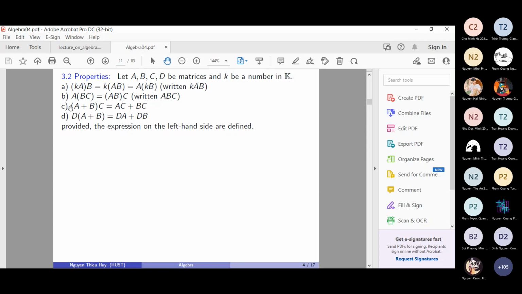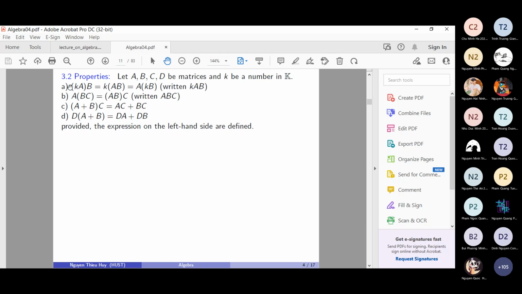And then this property, the distributive property: A plus B multiplied by C is equal to AC plus BC. Because multiplication generally is not commutative, we have to write the property in both orders, so C multiplied by A plus B is the same as CA plus CB.